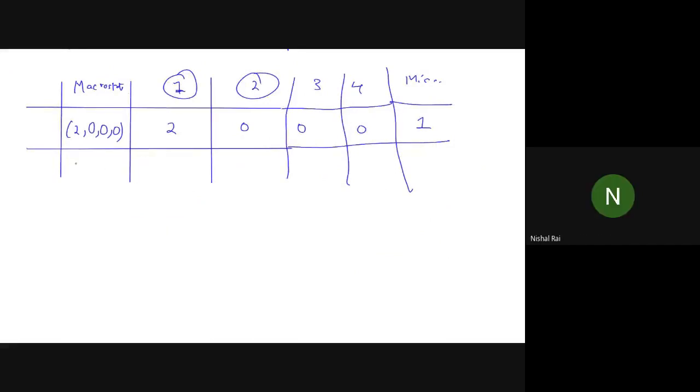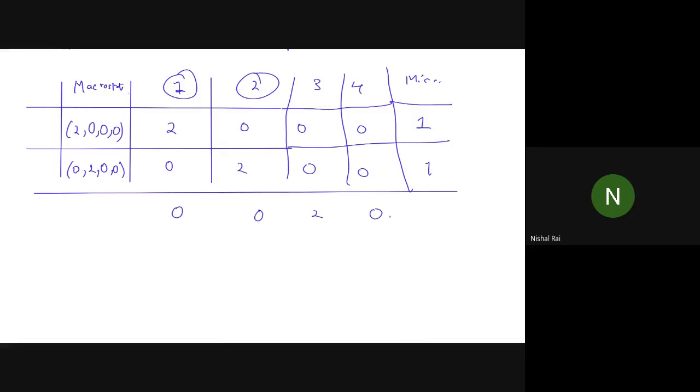Yes, sir. Now similarly another possibility is 0, 2, 0, 0. The number of microstates is 1. Now we will continue this. So third is 0, 0, 2, 0. Again 1.